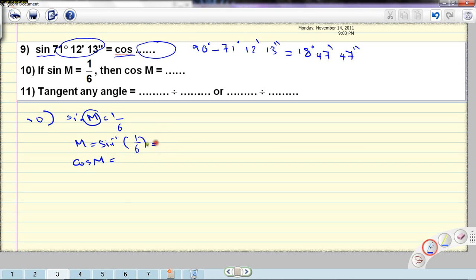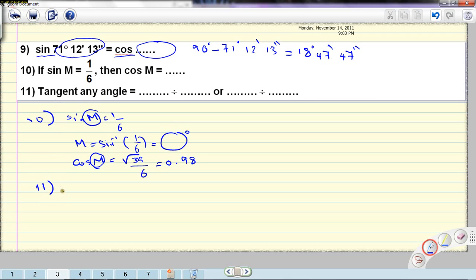So first you have to find sine power negative 1 of 1 over 6 and find the answer. This is the angle in degrees, and put it here. And you find cosine m. And I have some answers here. It's root 35 over 6, or maybe 0.98.